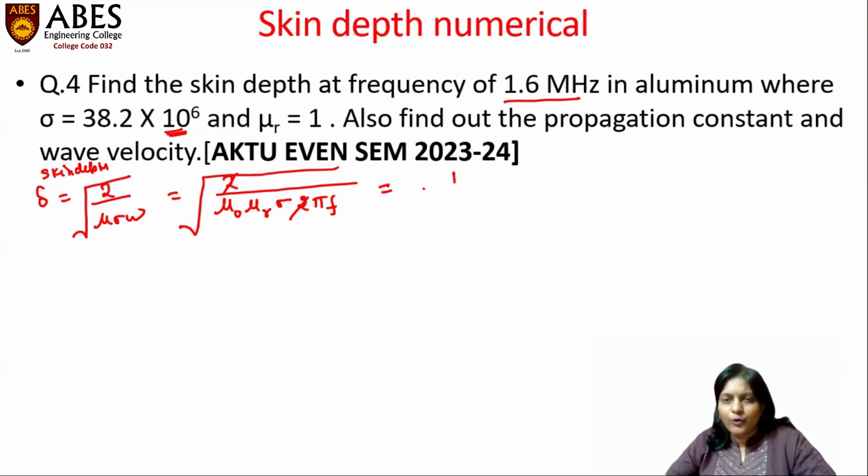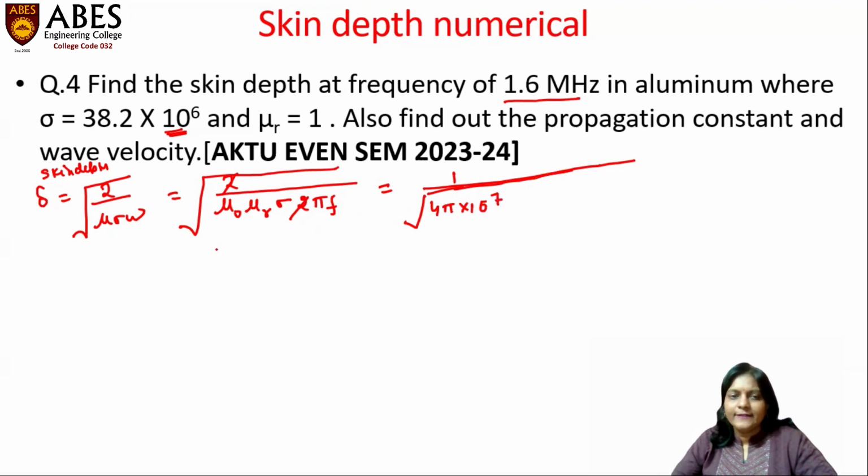And now we will put in all the values as we already know them. As we know, mu naught is 4 pi into 10 to the power minus 7. This mu naught constant should be learned by the student: mu naught is 4 pi into 10 to the power minus 7. It will not be given in the question. You should remember it.